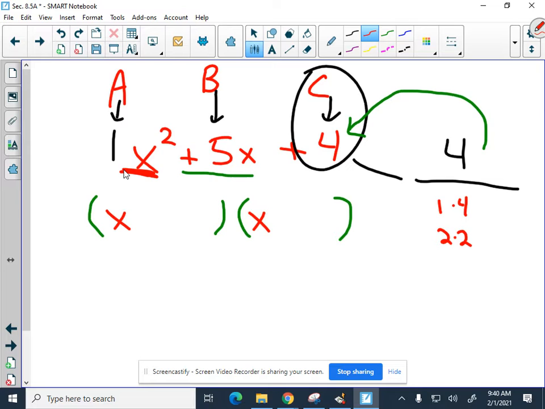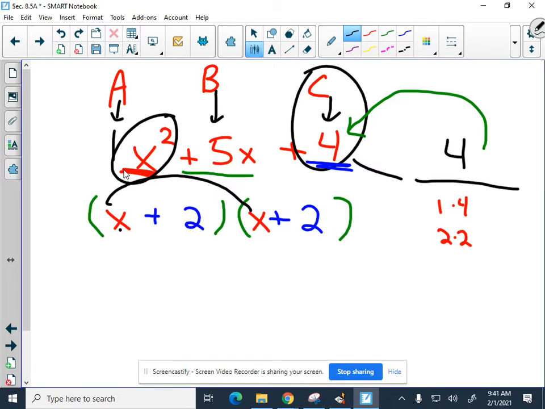Well, if I were to put a 2 here and a 2 here, 2 times 2 will get me 4. We've established that. And if I make them both positive, I'm going to look at what that would get. When I take the x times the x, that's x squared. But when I take this x times 2, that gets me a plus 2x.